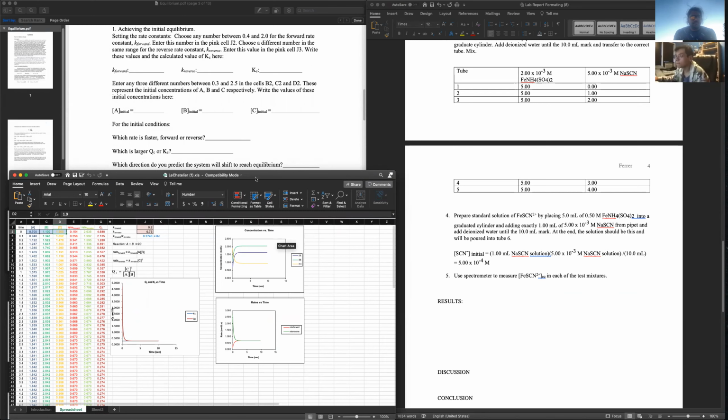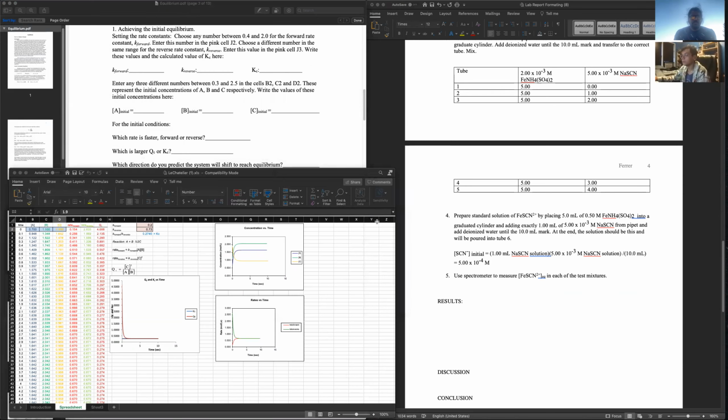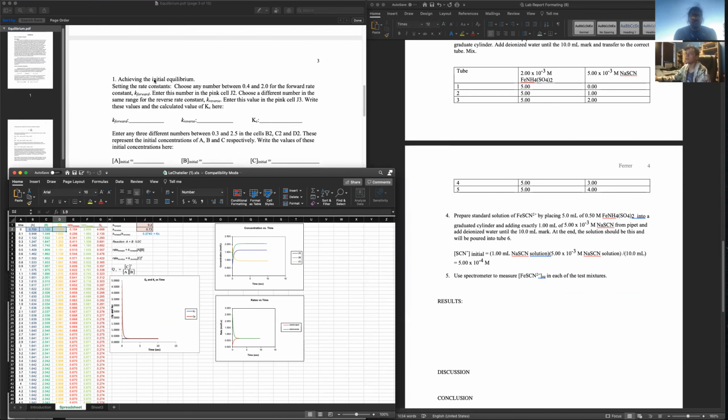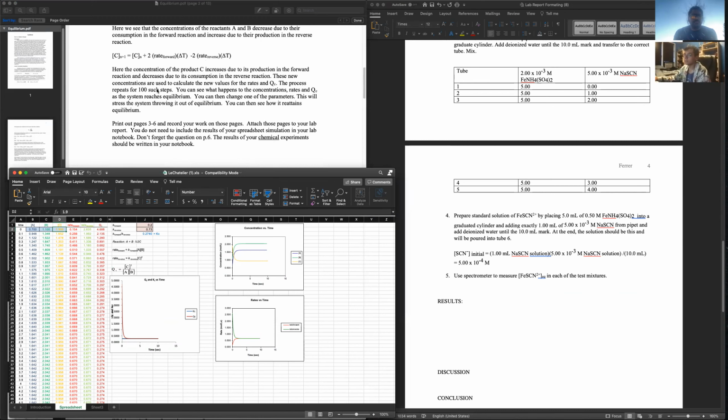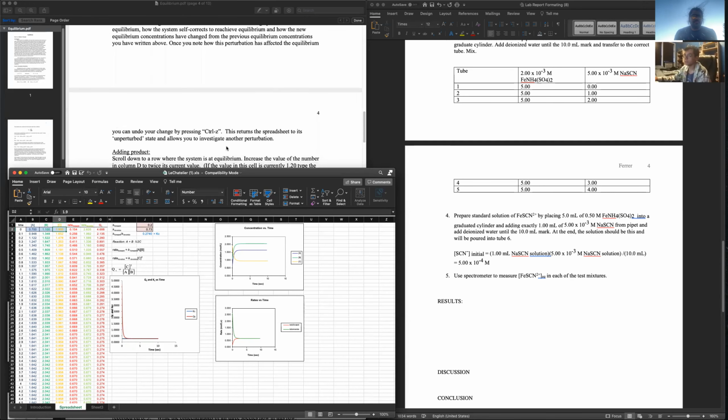Okay. So I guess over here it says, okay, print out pages 3 to 6 and record work on those pages. Attach those pages you'll have for you, and I need to include the results of your spreadsheet simulation in your notebook. Not forget the question on page 6, the results of your chemical experiment should be written in your notebook. So do I have a discussion?